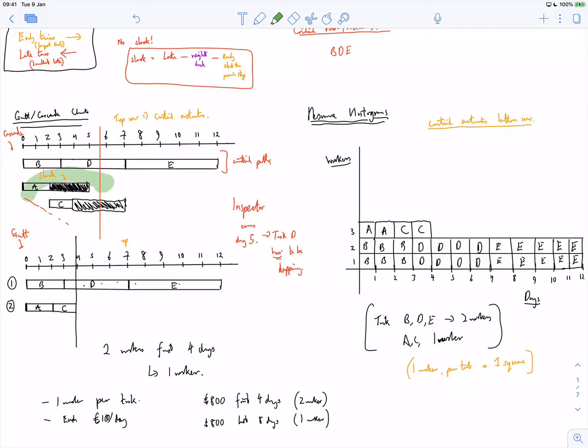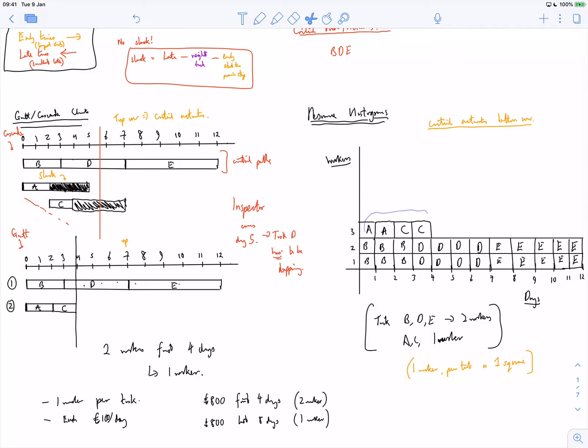Because A and C have slacks, essentially you can move A and C around a little bit if you want to be flexible. Let's say that for some reason the toilets don't arrive until day 3, and you can only have 2 people on the site without toilets, and then when the toilets come, you're fine.